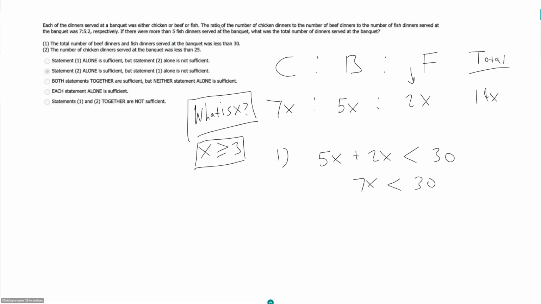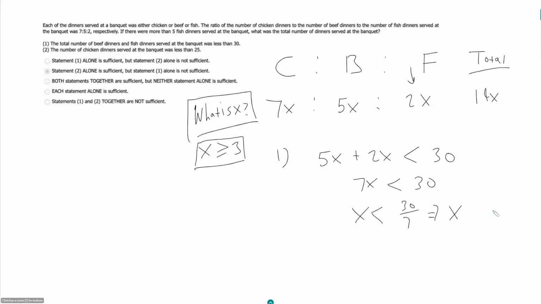partial dinners. So here, this is saying x is less than 30 over 7, which means x is less than... 7 goes into 30 4 times with 2 left over.